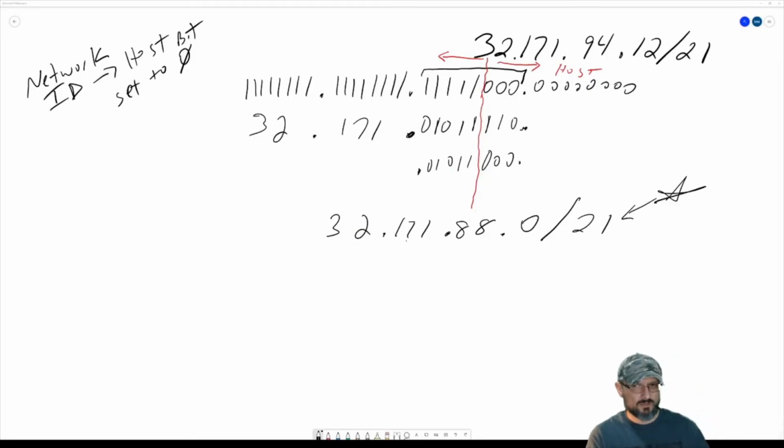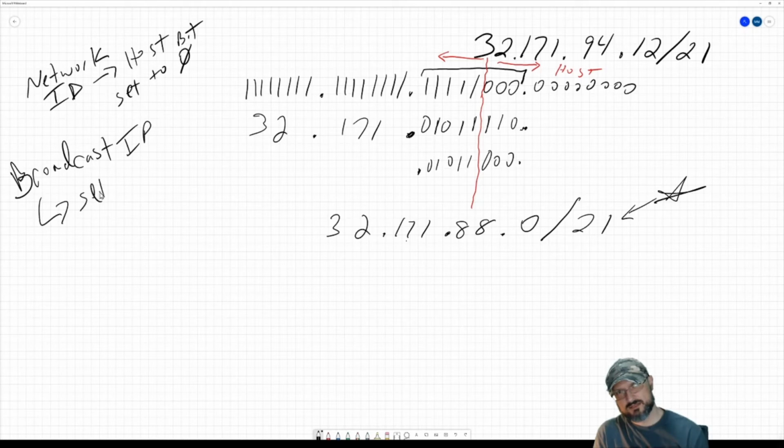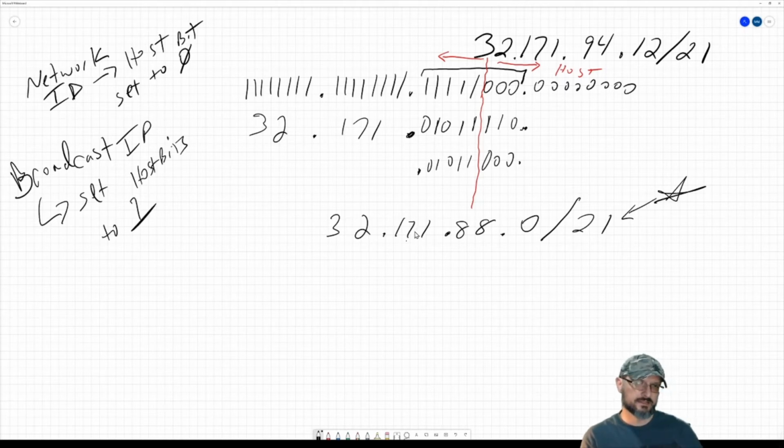To determine the broadcast IP here, this is a broadcast IP address, we need to set all the host bits to 1 to get the broadcast. We're basically going to take this number here, which is 94 in binary that we'd done earlier.